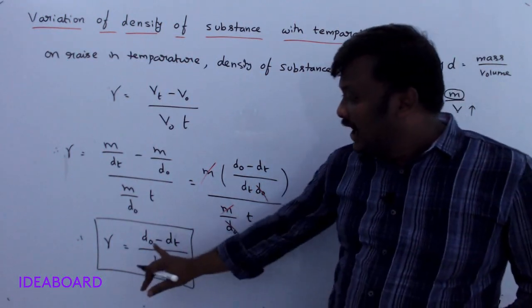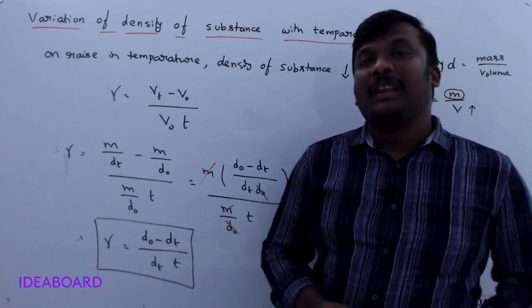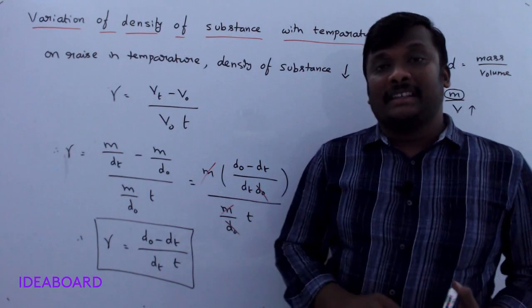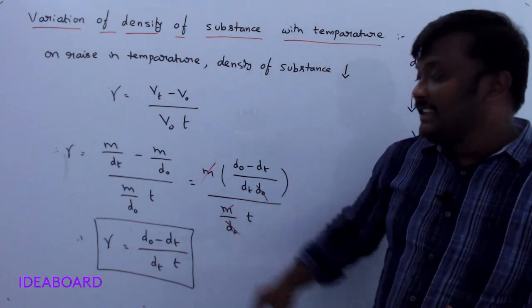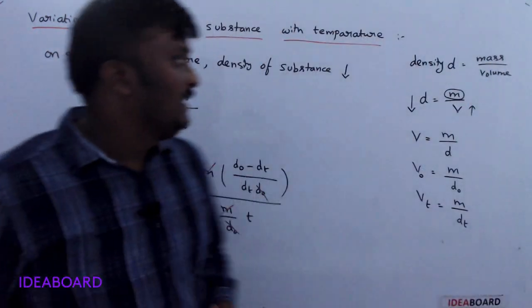Now let us find the formulas for density at 0 degree Celsius and density at t degree Celsius using this relation.